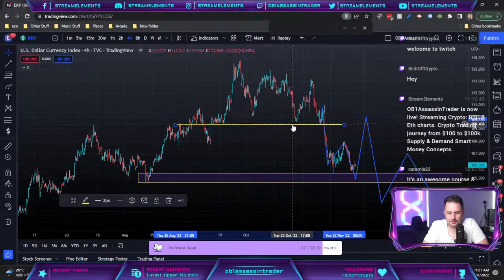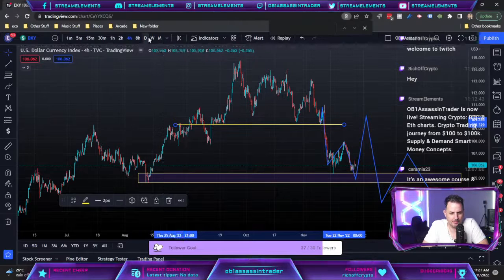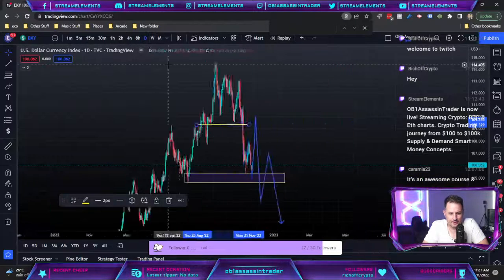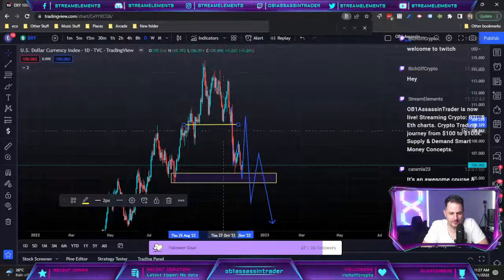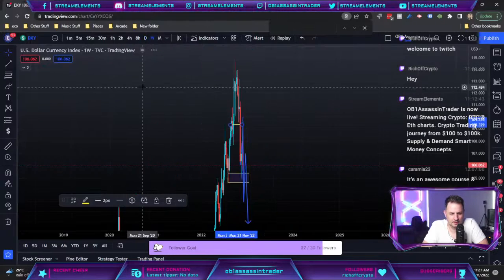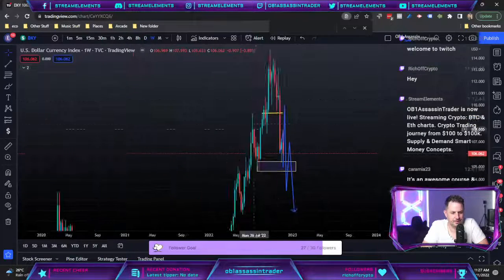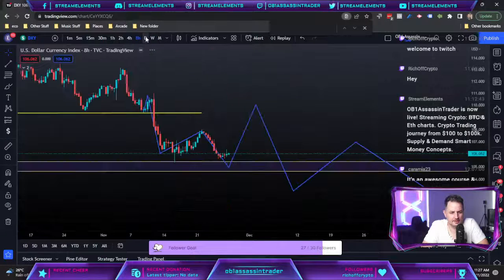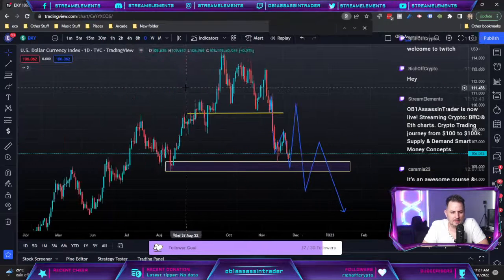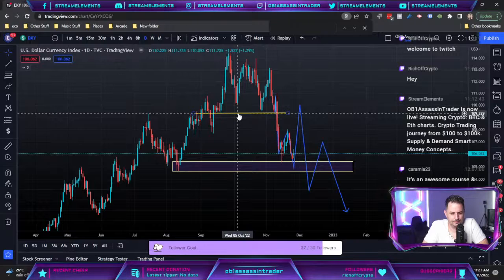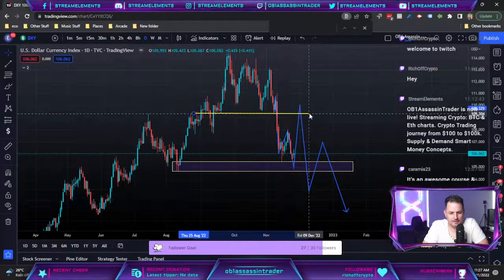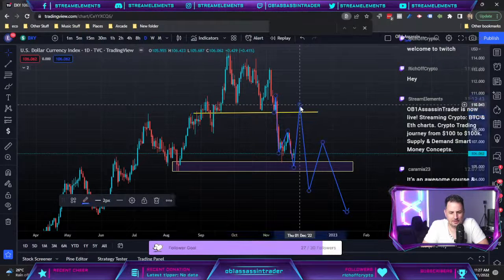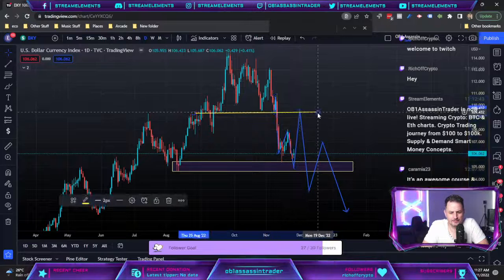If you were to look at the monthlies and the weeklies, this would probably be a support line. On the daily, we have a line there. What about the weekly? Not on the weekly, so this is a daily level right here. So I'm expecting this price to come up to this daily level, and at least give it a retest.